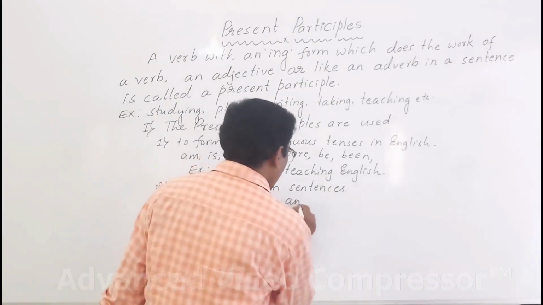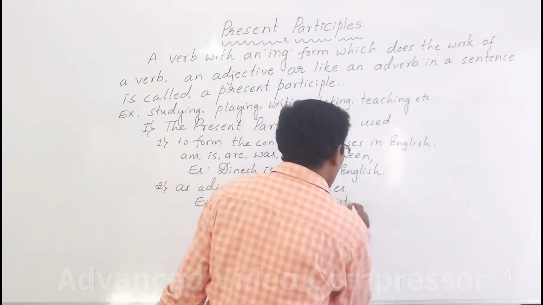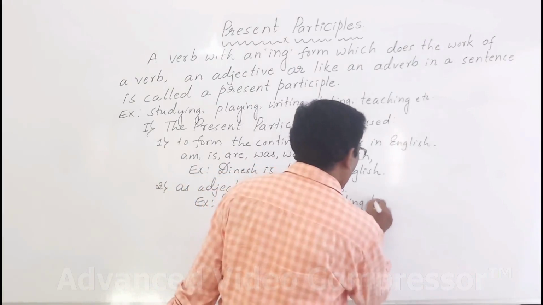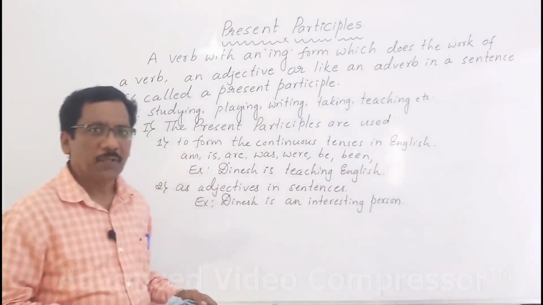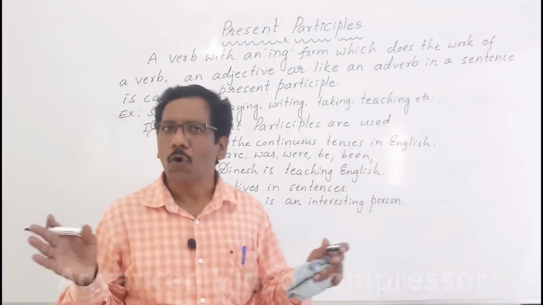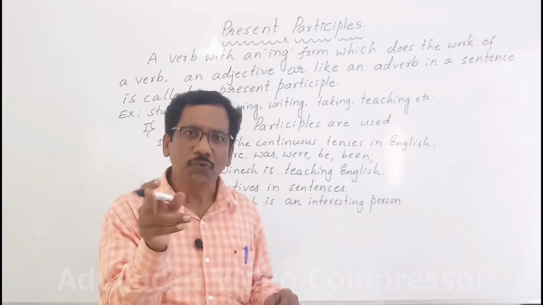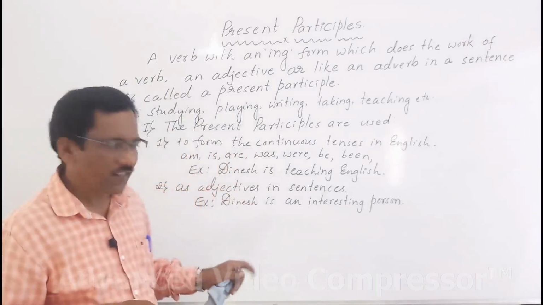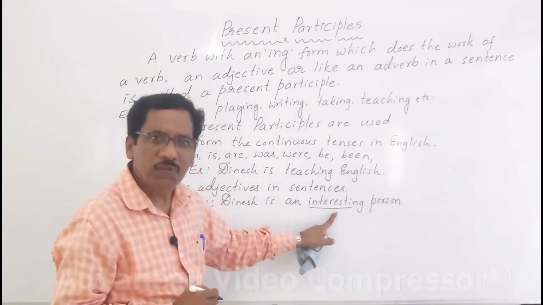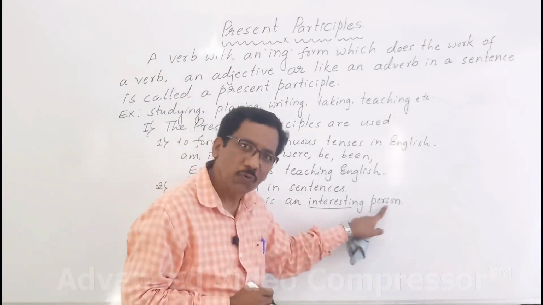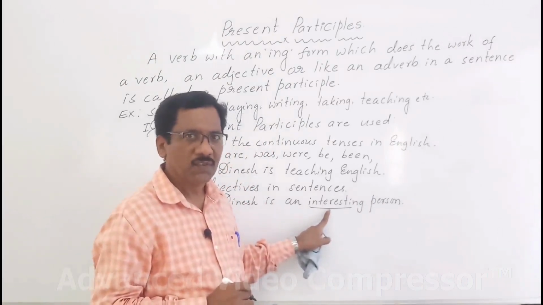He is an interesting person. Okay, and one more example, I saw a running horse in the ground. Here in this sentence, running is used before a noun, so it's an adjective. Even in this sentence, interesting is used before the noun person. Therefore, interesting is an adjective. Is it clear?